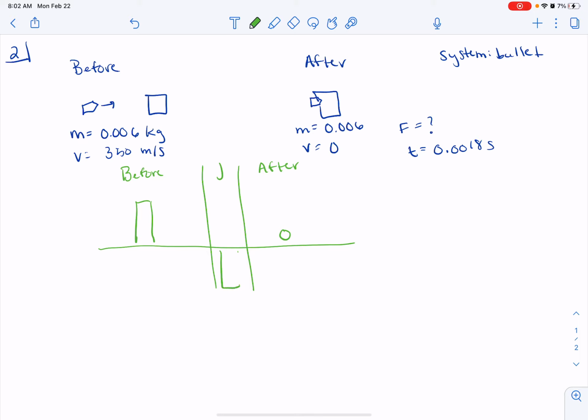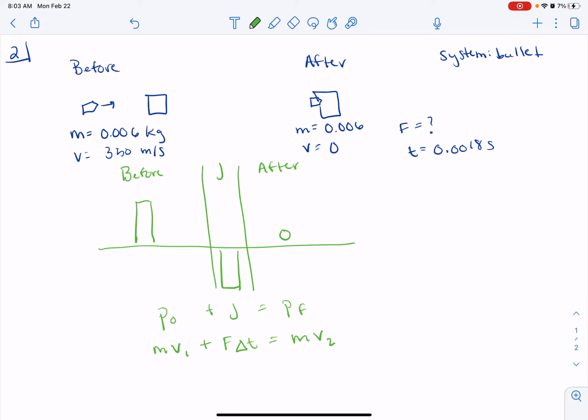So our impulse is going to be negative. Now we can make up this equation: initial momentum plus impulse equals final momentum. Momentum is mass times velocity, so I'm going to write mass times velocity 1, plus impulse, which is force times time, equals mass times velocity 2.